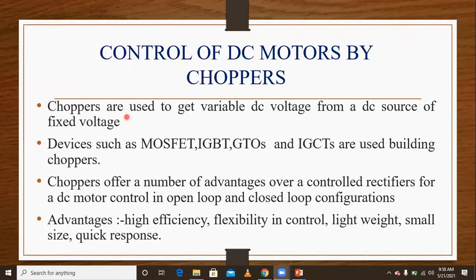Choppers. So a chopper is just like a transformer, a DC transformer. It is a DC to DC converter. Step up or step down of the voltage can be done by using this chopper.